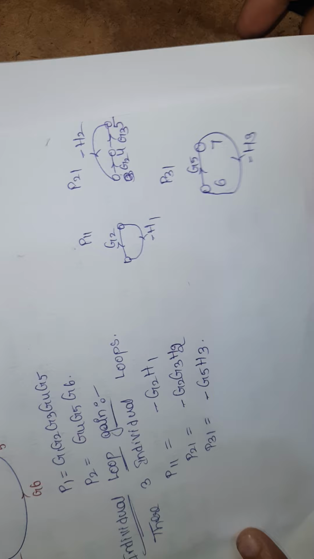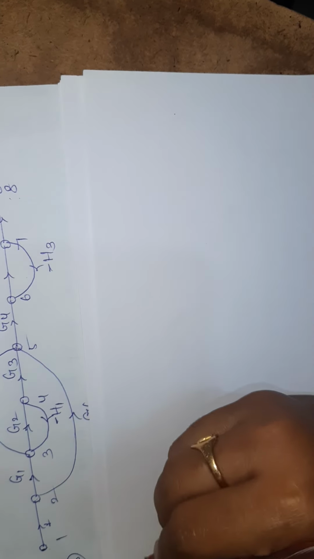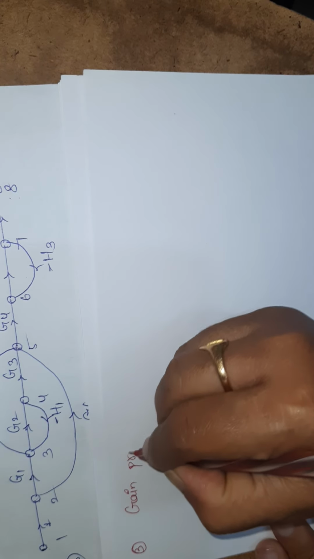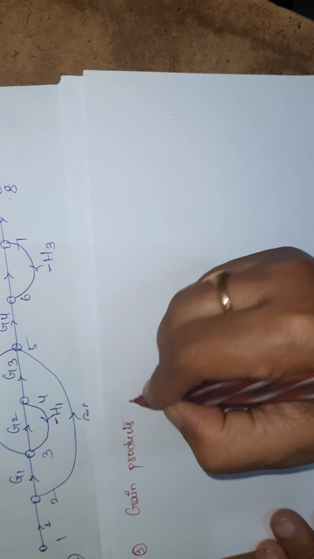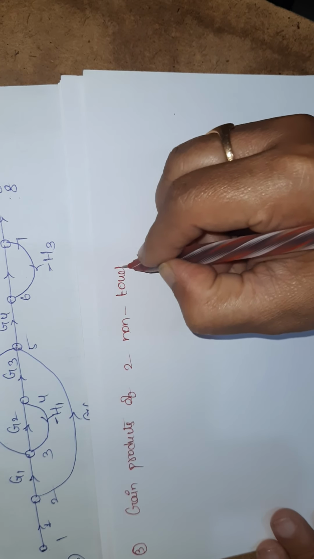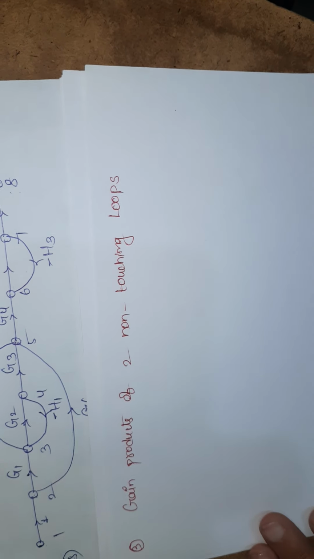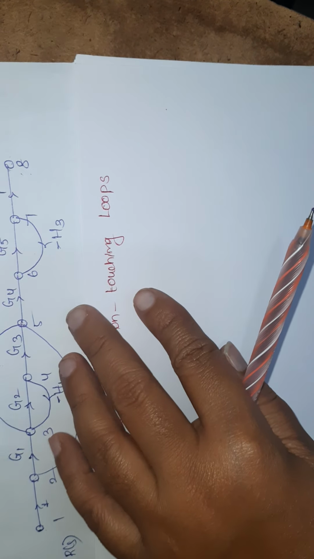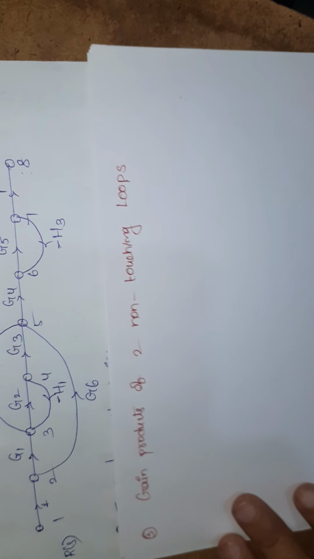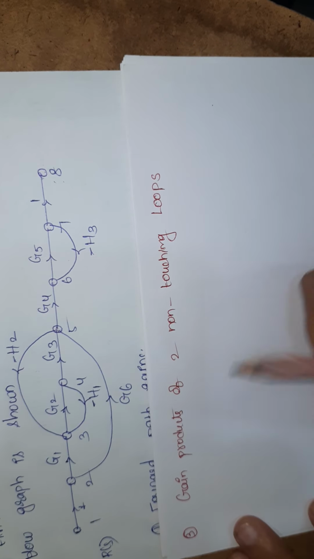And next we have to move to the third step. What is the third step? It is about gain products of two non-touching loops. How many two non-touching loops are present here? We have to see. There should be two loops and these two loops should not touch.